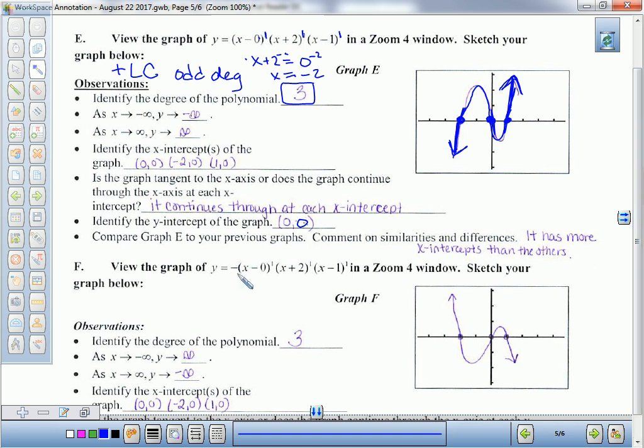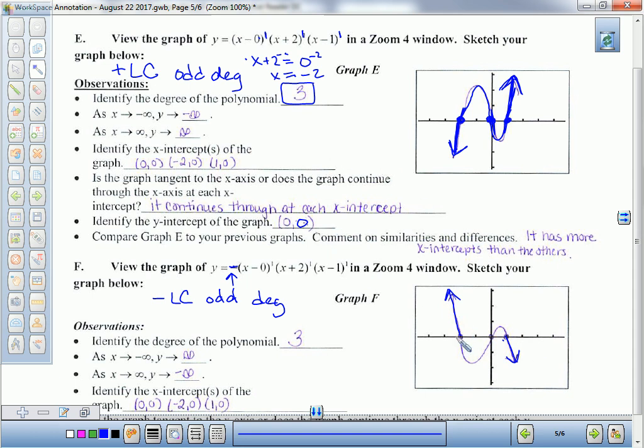Okay, let's take a look at this one. This one is just a reflection of this one. Because of this negative, that is the only thing that changes. And a negative leading coefficient, when we have an odd degree function, makes it rise to the left and fall to the right.